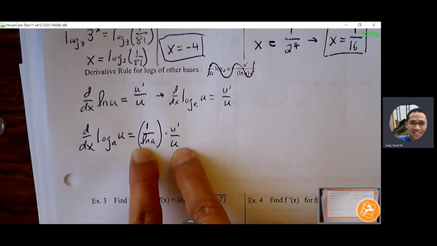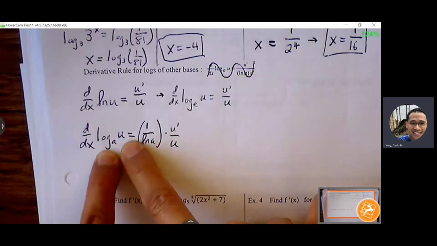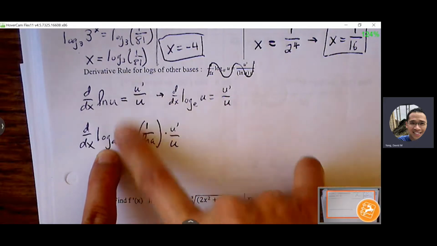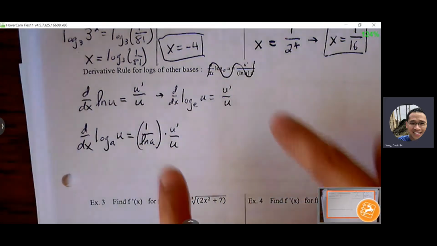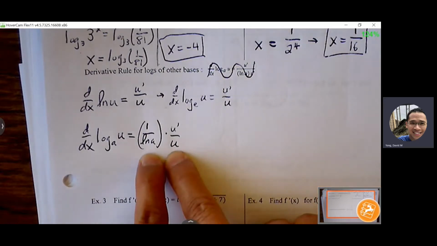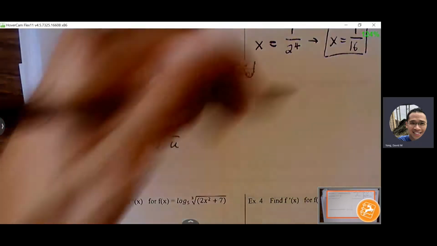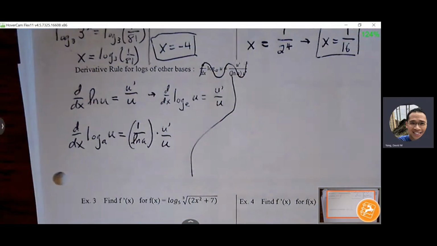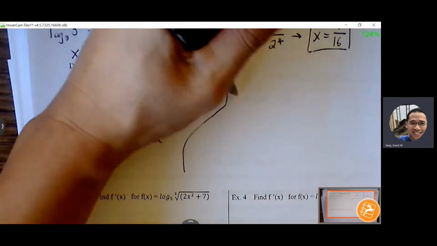So 1 over ln of a times u prime over u. When you see this rule, I don't want you to feel like, oh, I got to memorize a brand new rule. I want you to think of it as, okay, I know u prime over u, just a little bit of extra in front. Okay, so let's do a practice before we go into some of the problems below. An easier one here.